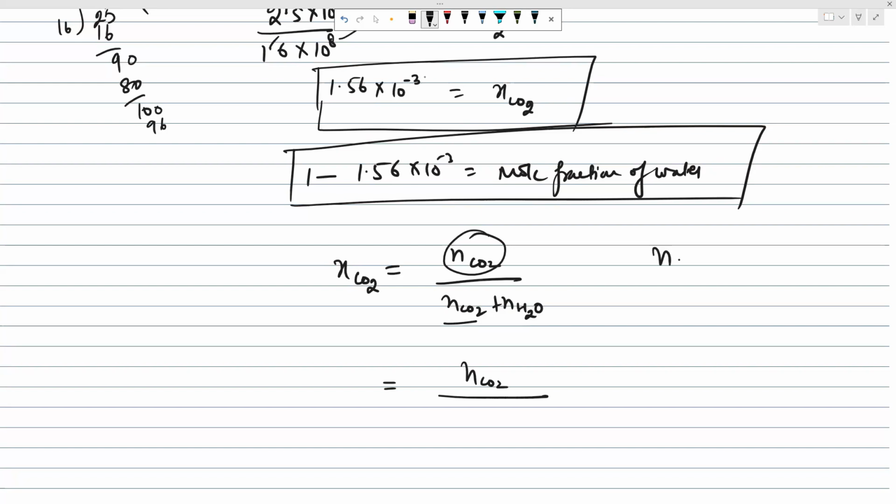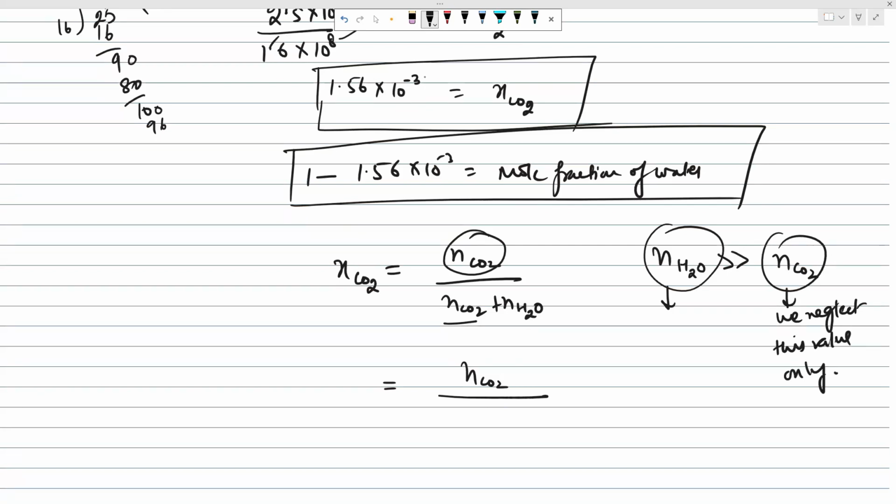When the number of moles of H2O is very, very large in comparison to the number of moles of CO2, we neglect this value, only in addition. So we will write here the number of moles of water.